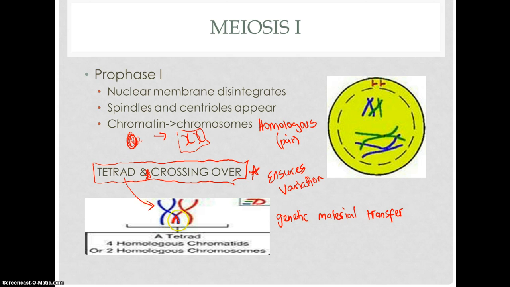And when they get so close together, their genetic material transfers between the chromosomes. This is known as crossing over, and it is important because we don't know what genetic material will transfer over, so it ensures variation, making each organism different from the others.